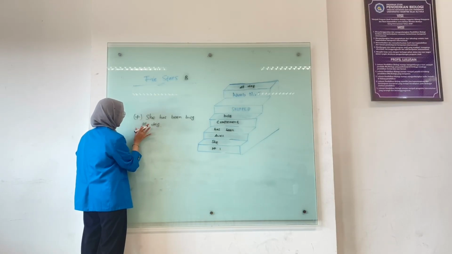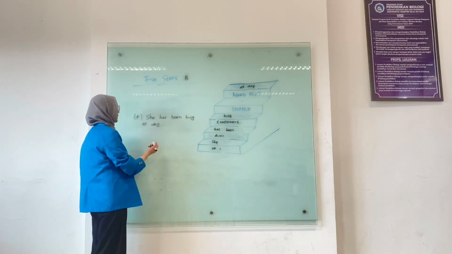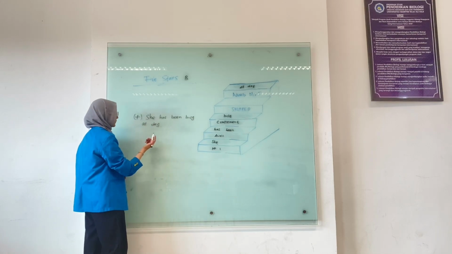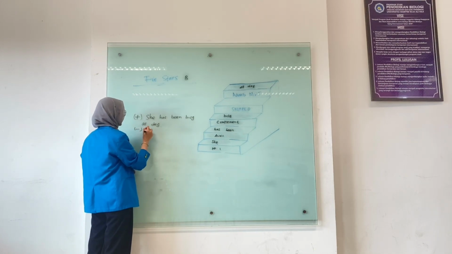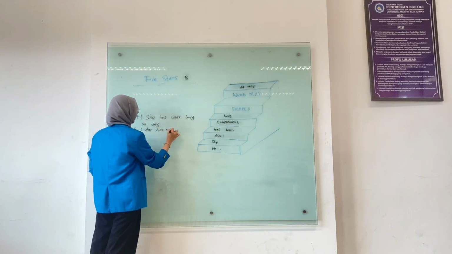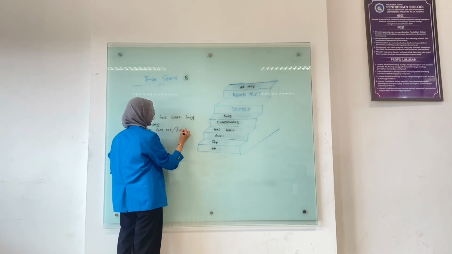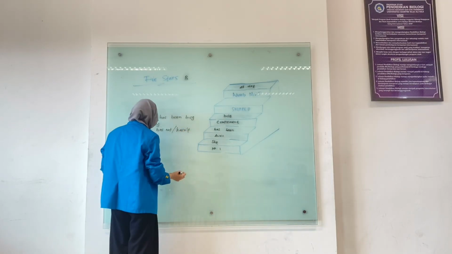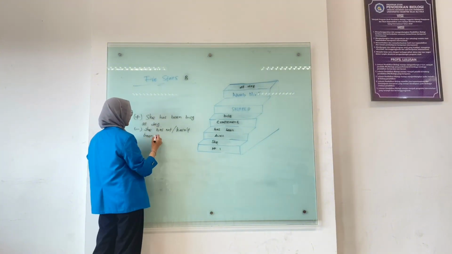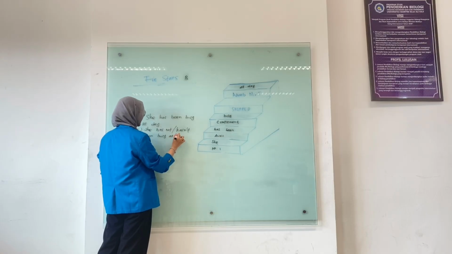And then when you want to construct a negative sentence, the negative form, we just have to add not after the auxiliary. For example, she has not, or in short, you can write hasn't. And then been, don't forget the been, and the complement, busy all day.